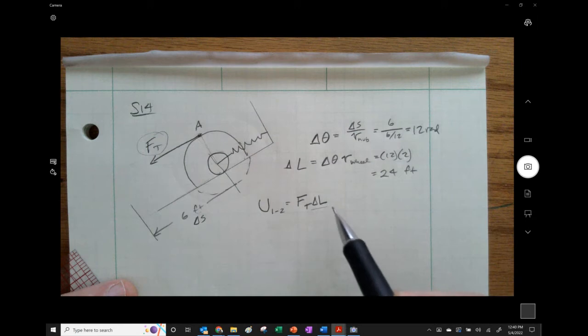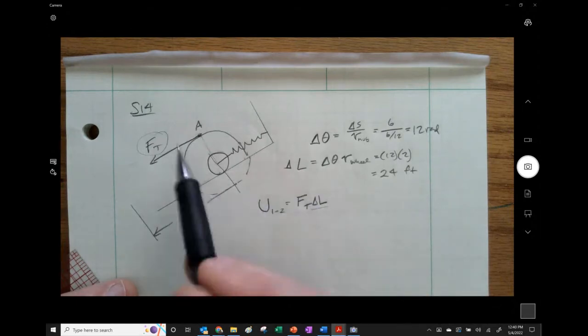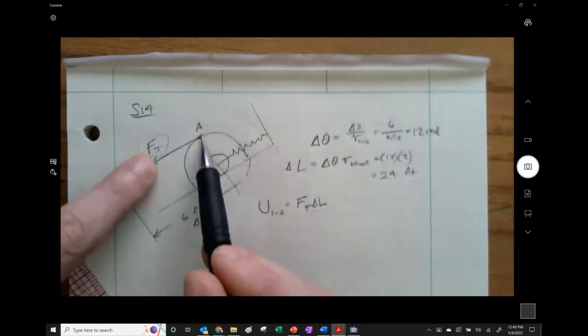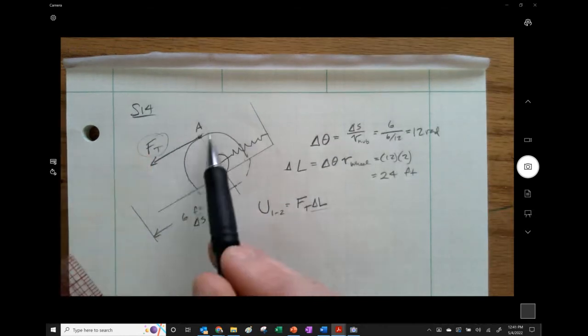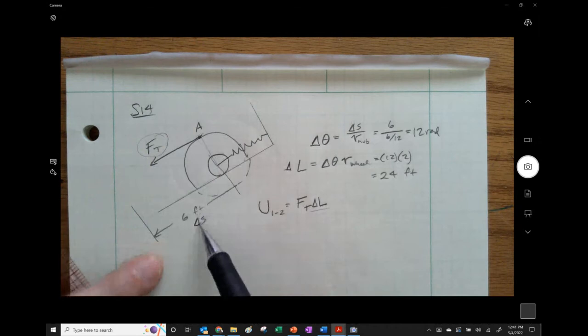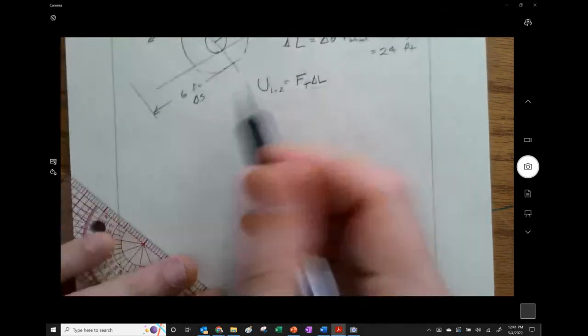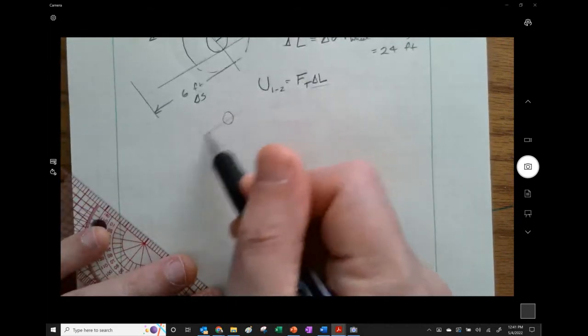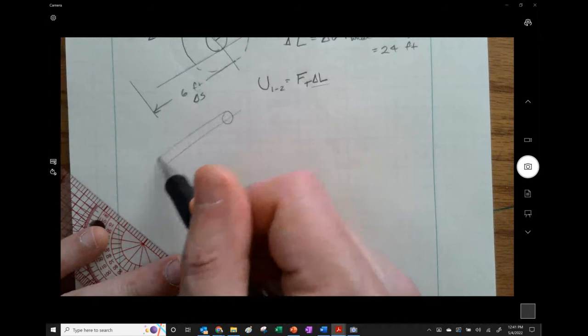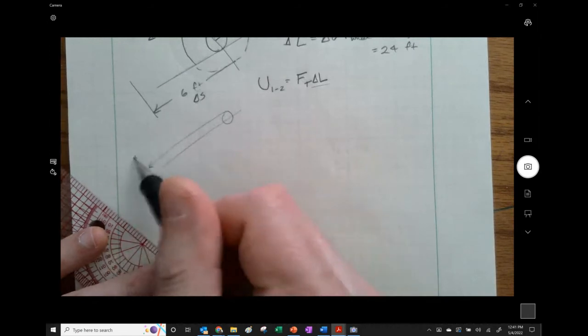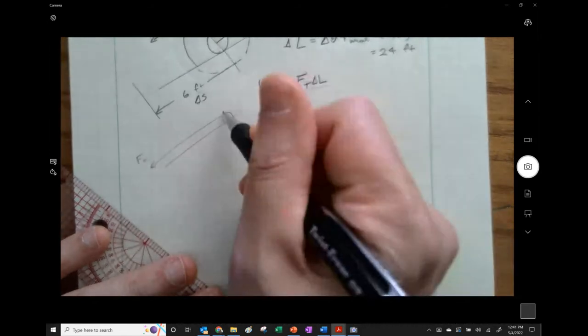I am wary that I made an error that didn't get caught by myself or my colleagues, because not only is this going to be the force times the change in length of this thing, but I think we should add that delta S in there personally. Because if you draw a little tiny picture of this thing that's happening right here, how far is that force going to go, right?